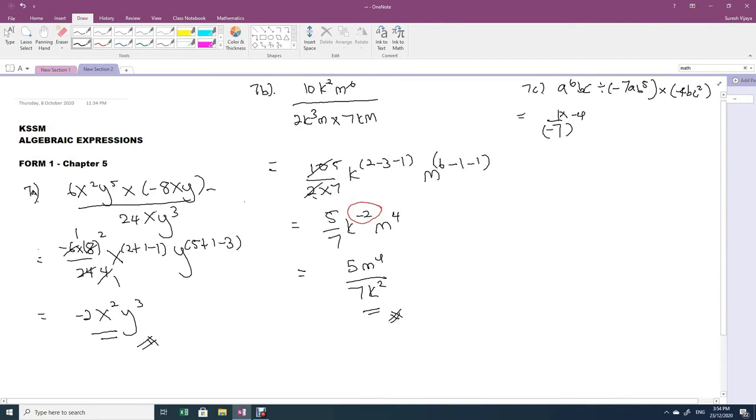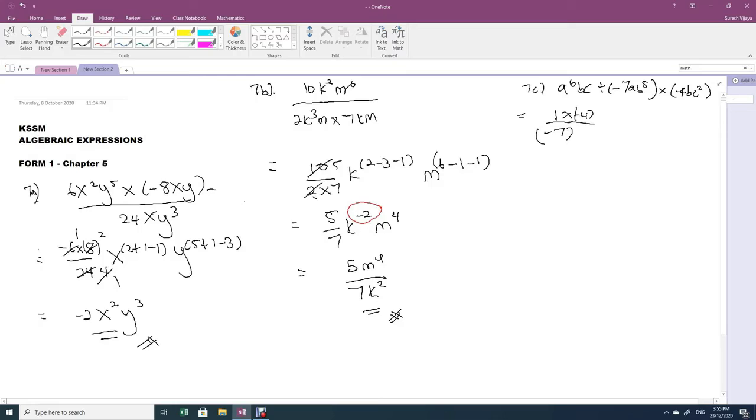Then we multiply the variables. What we do is we solve the number first: 1 divided by negative 7, times negative 4.